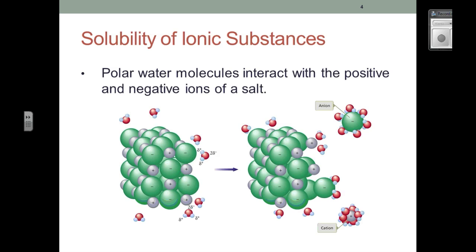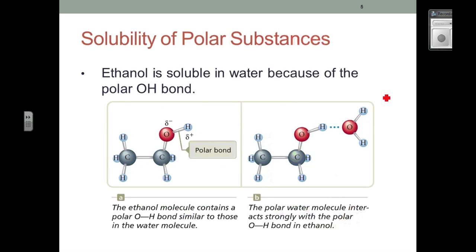So now the positive end of our water molecule, what ion does that interact with? The negative, or the chlorine, the Cl minus. So our positive end is going to interact with our Cl minus, and you can see that up at the top here. We have our polar water interacting with our ions of the sodium and chlorine.